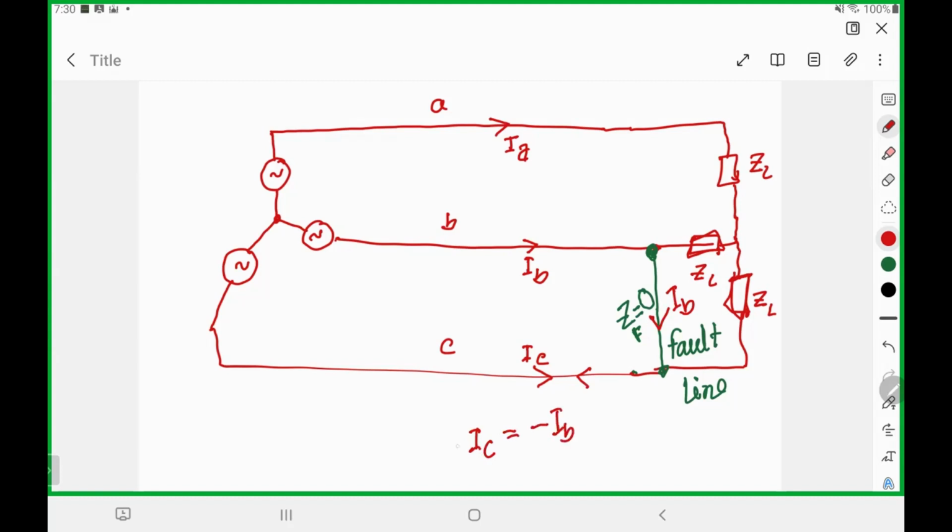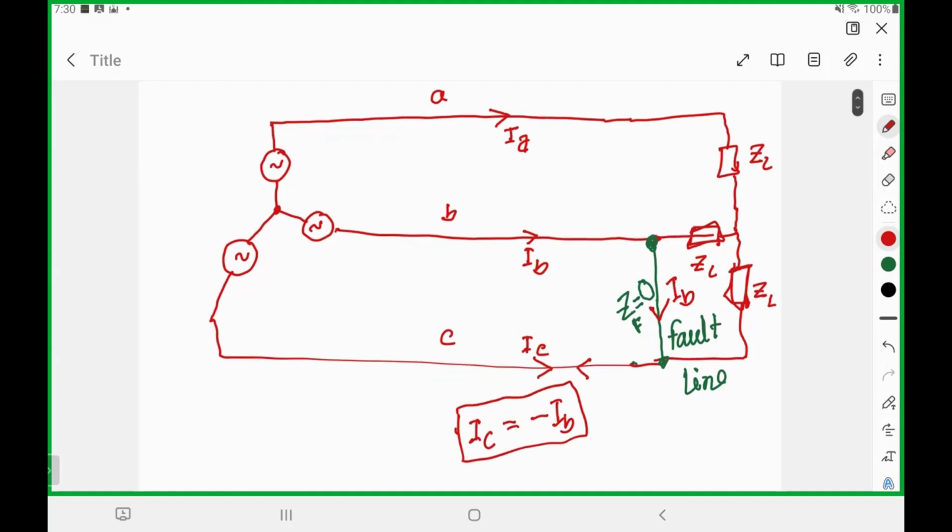Okay, so what will happen if I have a short circuit like this one? So this is what we need to understand. Just from this discussion, we need to understand this is what might happen.